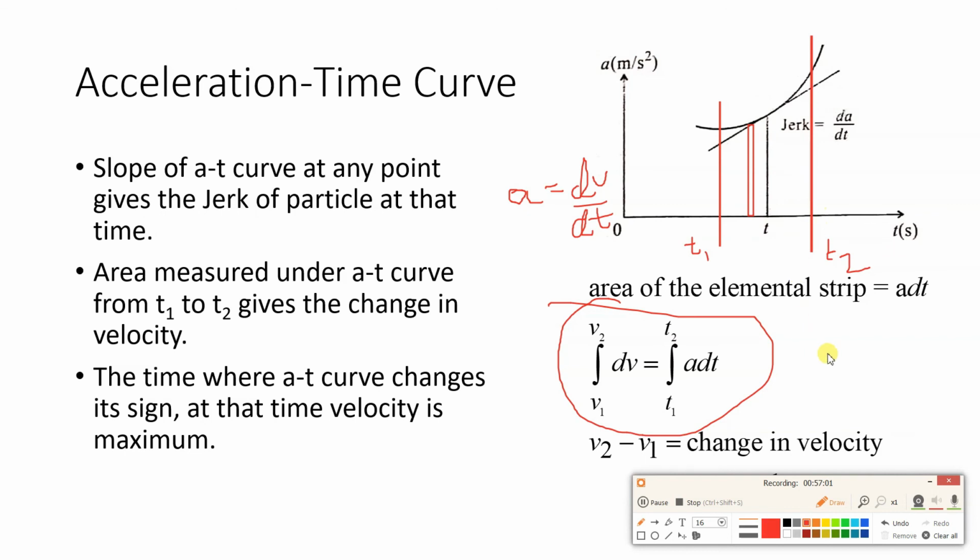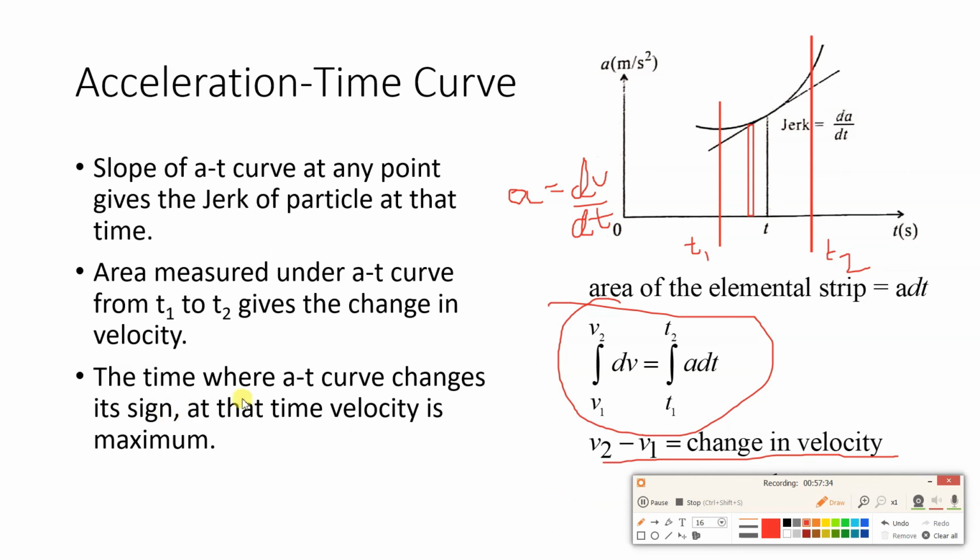And what is that area under this acceleration versus time diagram? It will be change in velocity. If you integrate the left hand side of dv equal to acceleration into dt, you will get v2 minus v1, which is change in velocity. Area measured under AT curve from T1 to T2 gives change in velocity.